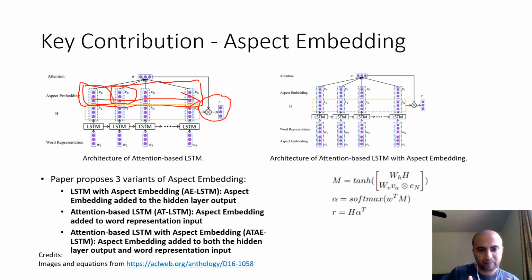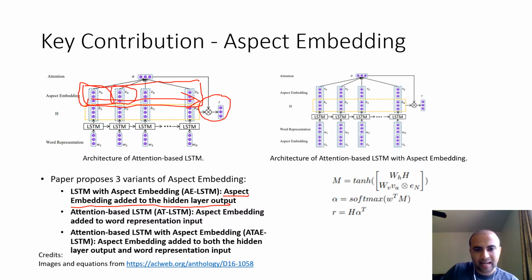Now the paper presents 3 different variations of how this aspect can be embedded. The first one, the paper calls it aspect embedded LSTMs, where the aspect is added to the hidden layer output.